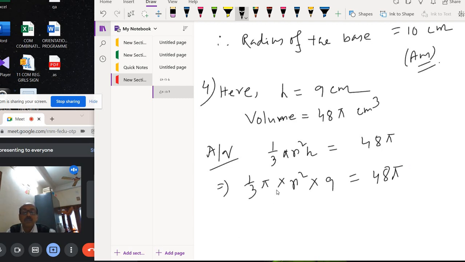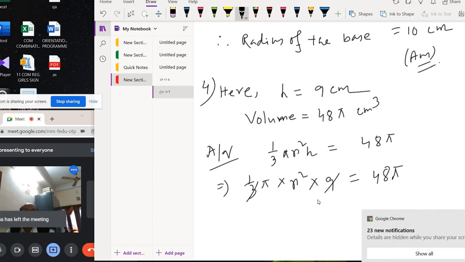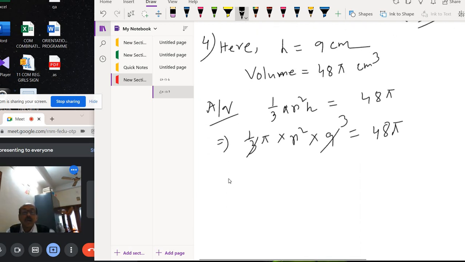Now from both sides pi cancels. And 3 into 9, 3. So r square equal to 48 pi divided by pi into 3.